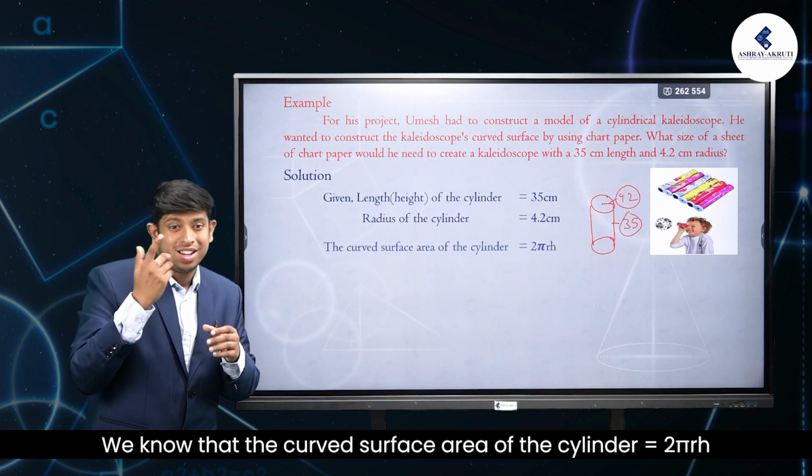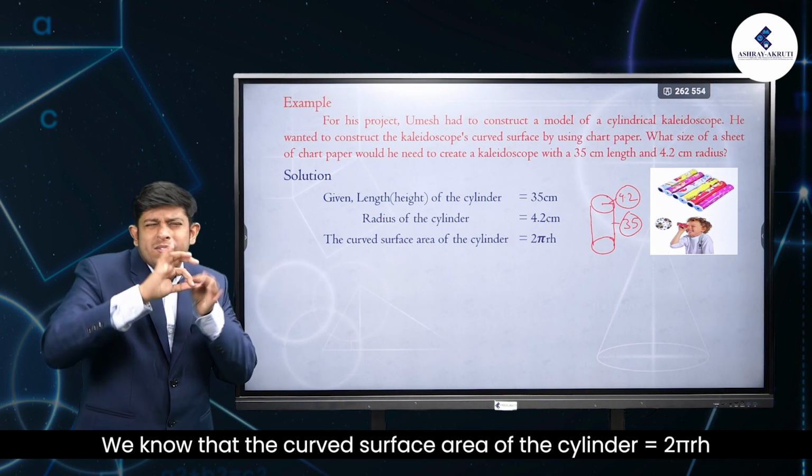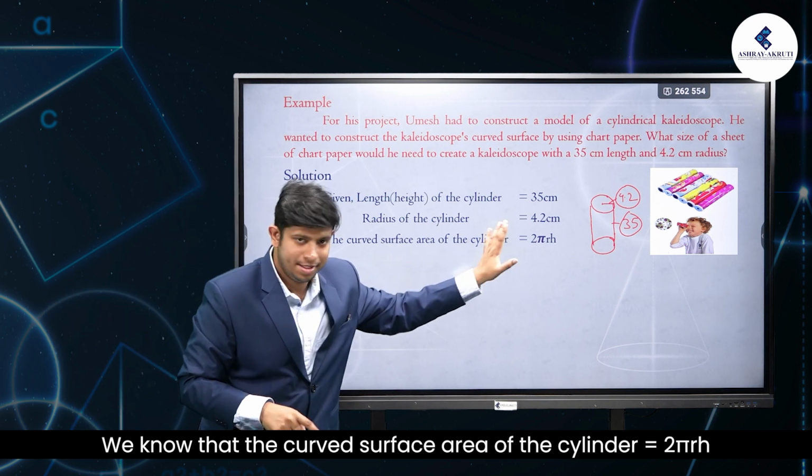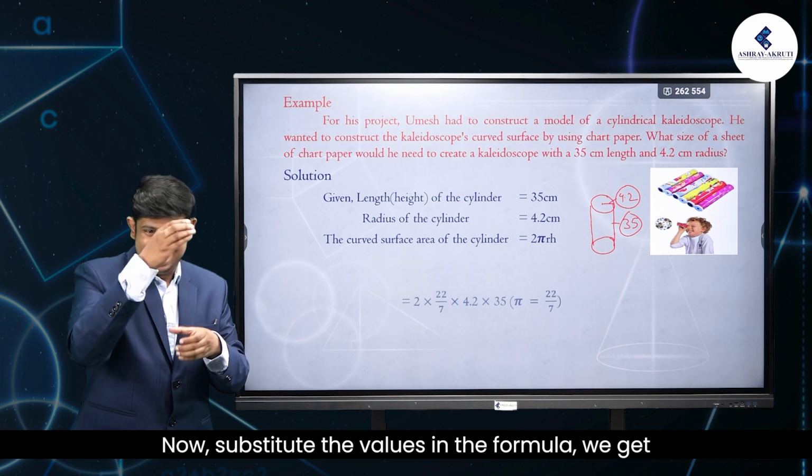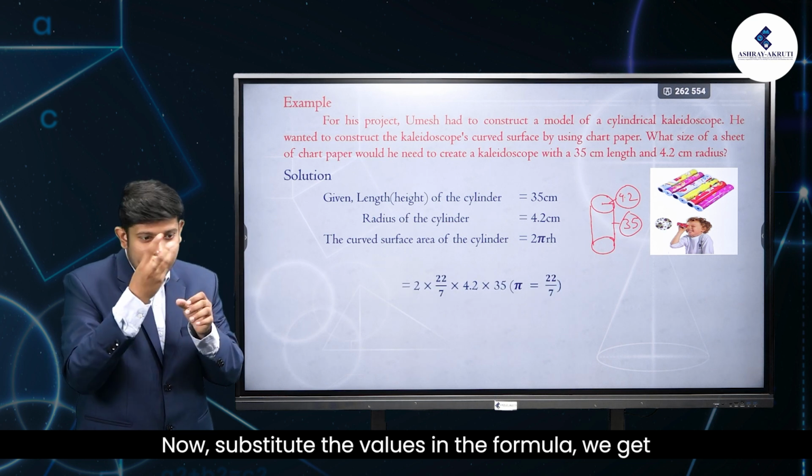We know that the curved surface area of the cylinder is equal to 2 pi r h. Now substitute the values in the formula.